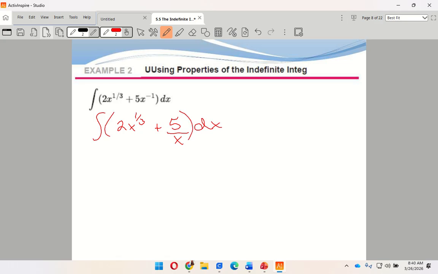So what I could do, I could separate it in two different and break apart. So I could say 2 integral of x to the 1/3 dx plus 5 integral of 1 over x dx.